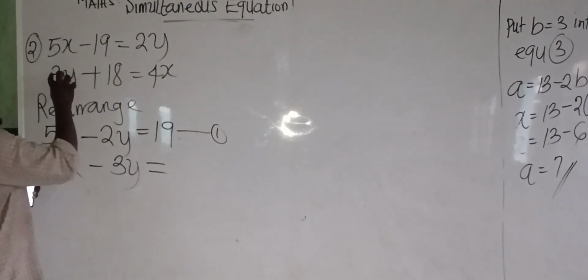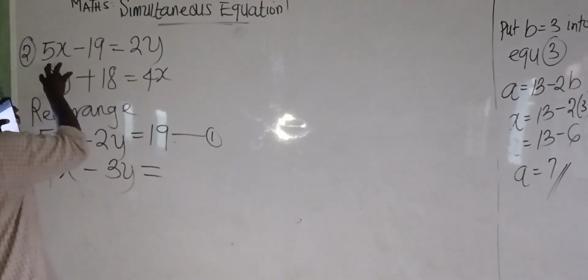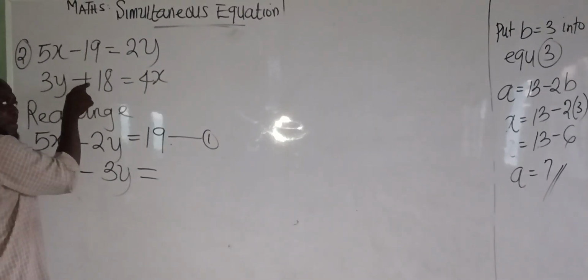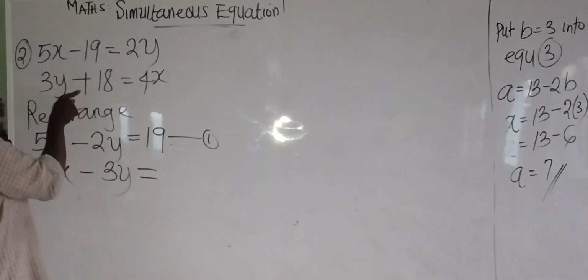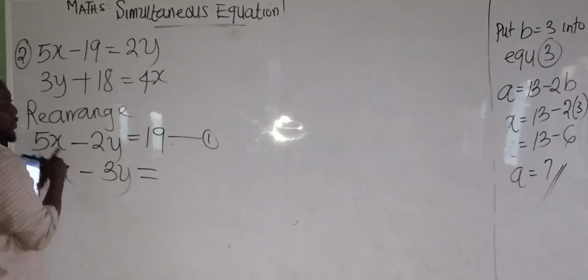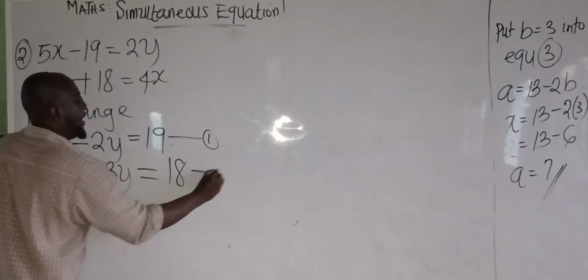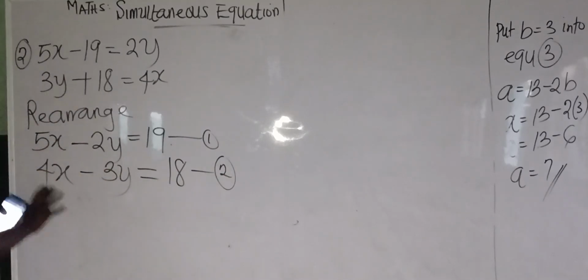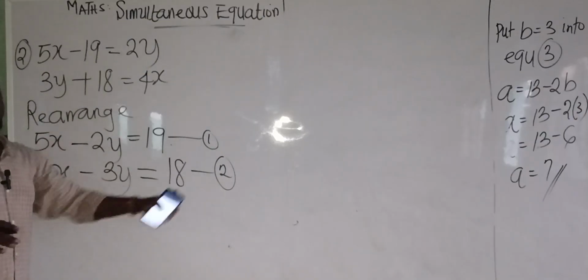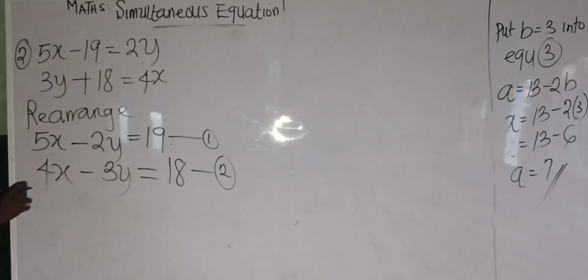If I take this one coming here, I'm not taking this one anywhere. This one is still remaining plus. So please note that I only took this one here, equal to this. So here becomes 18. I'm not touching it. If I was taking minus plus 18 over, it should have become minus 18. So please note that.